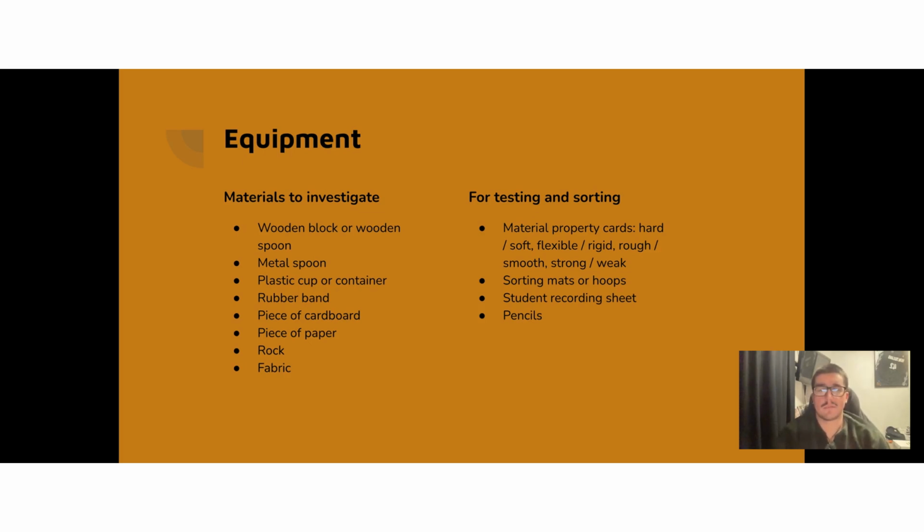I'd also provide simple property cards showing words such as hard, soft, flexible, and rigid, along with sorting mats or hoops. I've deliberately chosen everyday materials that students are likely to recognize and that are easy and safe for young students to handle. Each group would receive a similar set so that all students would have the opportunity to investigate the same range of properties.